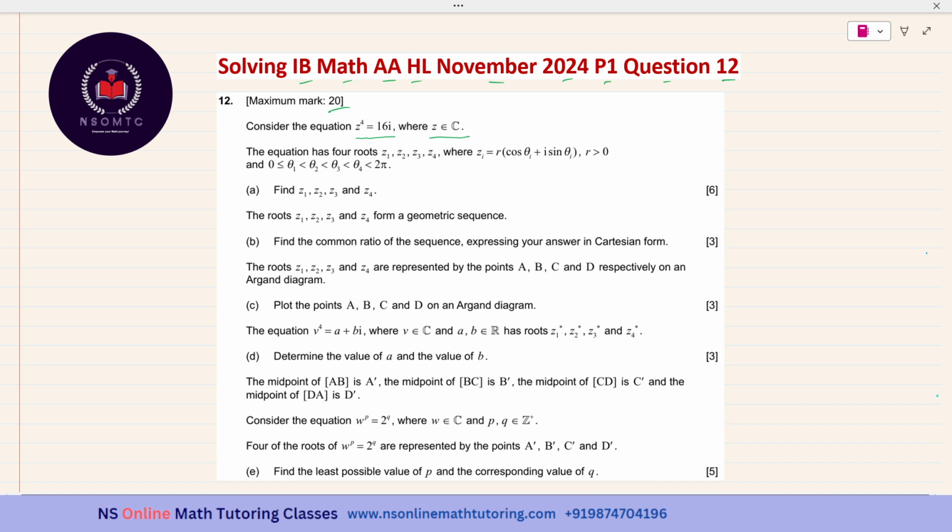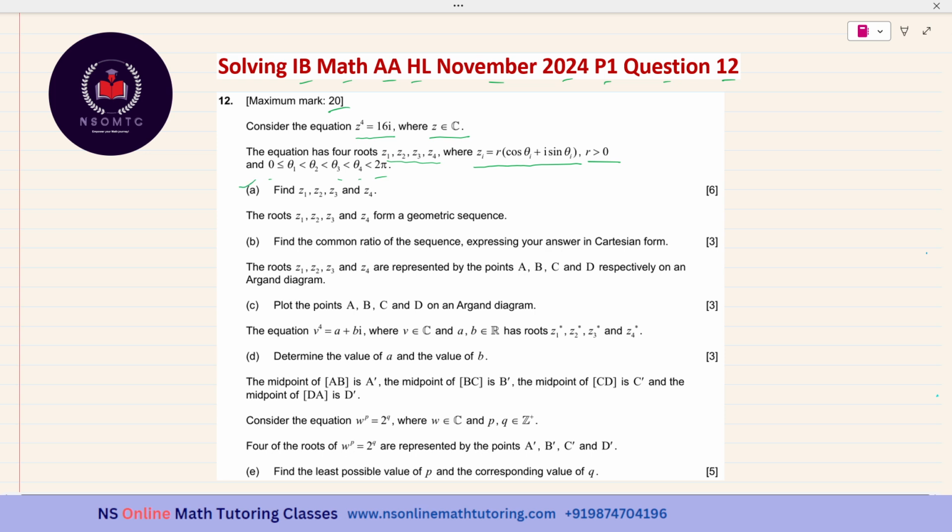The equation has 4 roots z1, z2, z3 and z4, where zi is r(cos theta i plus i sin theta i), r is greater than 0, and theta 1 is greater than or equal to 0, theta 2 is greater than theta 1, theta 3 is greater than theta 2, theta 4 is greater than theta 3, and theta 4 is less than 2 pi.